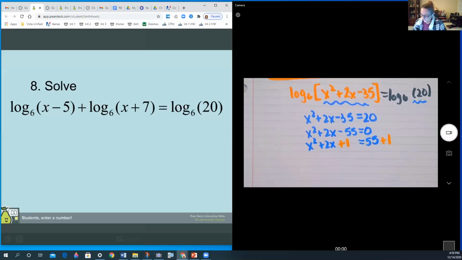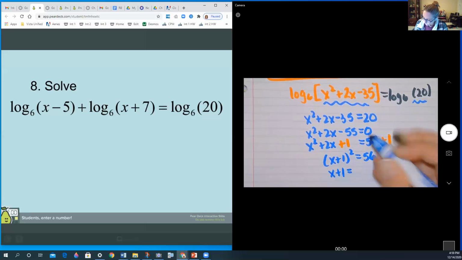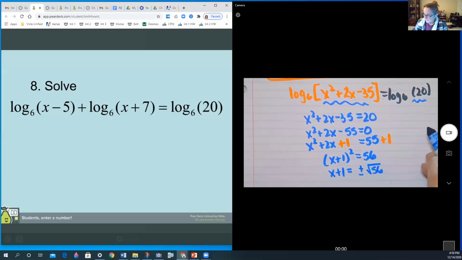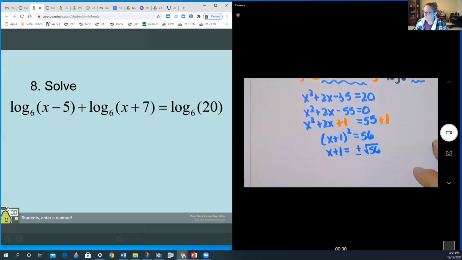And then I'm going to get x plus 1 squared is equal to 56. I'm going to solve this. So I'm going to have x plus 1 equals plus or minus root 56. And then I'm going to subtract 1 from both sides. And so I'm going to get -1 plus or minus root 56.